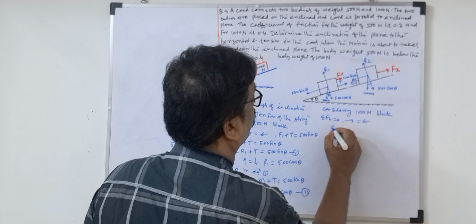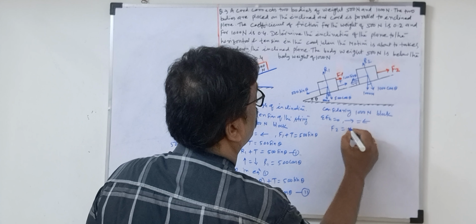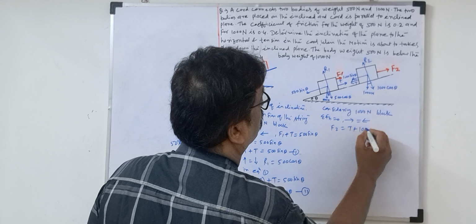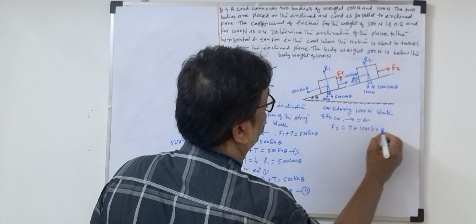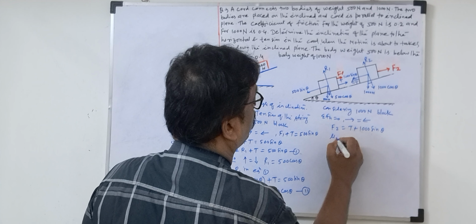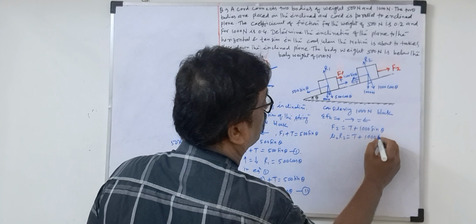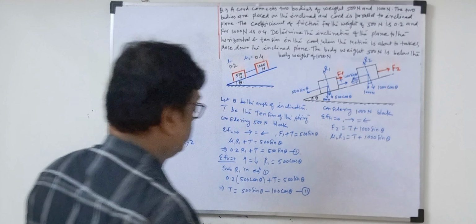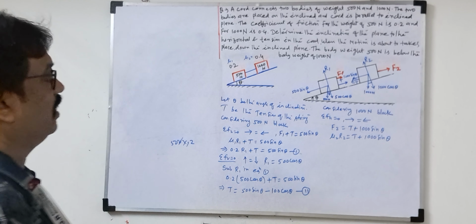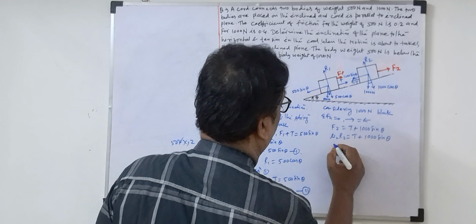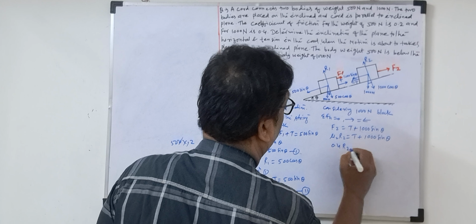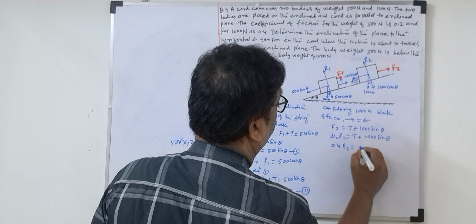F2 is equal to T plus 1000 sin theta. So mu2 R2 is equal to T plus 1000 sin theta. Then mu2 is equal to 0.4, so 0.4 R2 is equal to T plus 1000 sin theta.